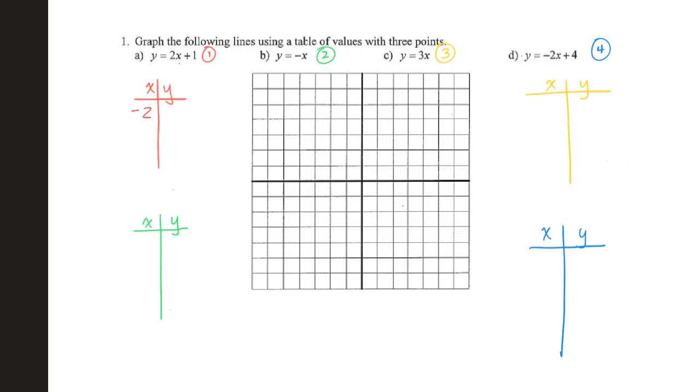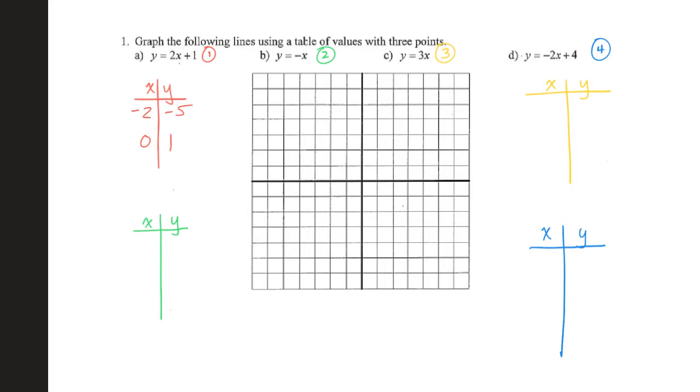Let's just say that I did 2 points, and maybe I chose a negative value, and then maybe I chose 0, an easy value. When I plug in -2 wherever I see my x, I have 2 times -2, that's a -4. I then add on 1 to that, that's a -5. If I sub 0 in, that's going to give me 1.